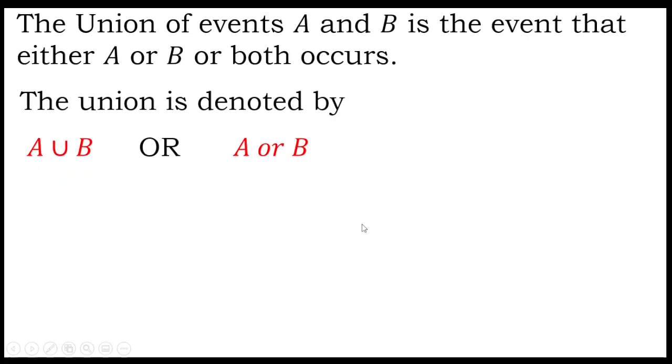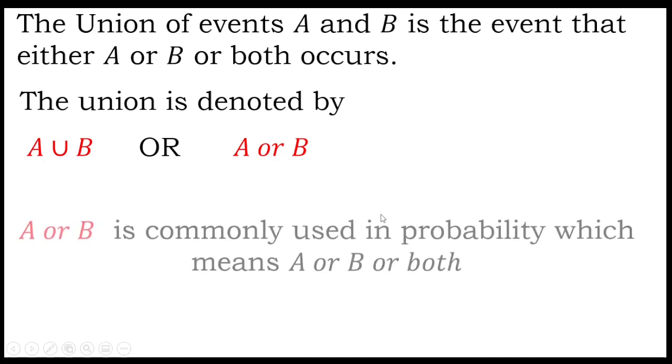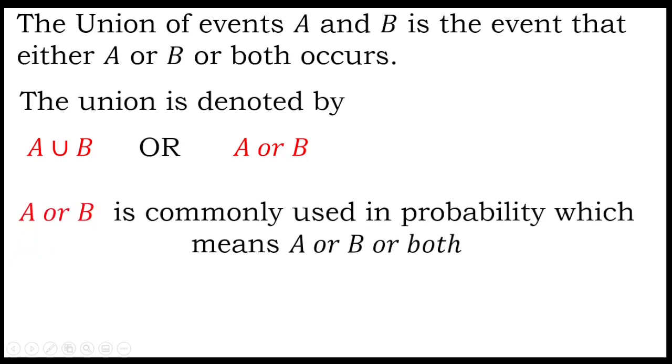We use this following notation. We have the symbol for union, which is read in two ways, either A union B, or the union of A and B, or A or B. Now, A or B in probability is commonly used, which means A or B or both.